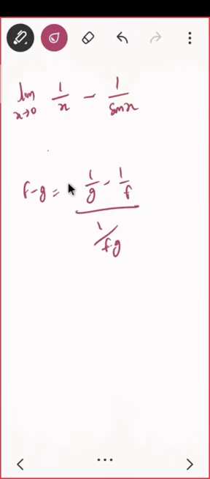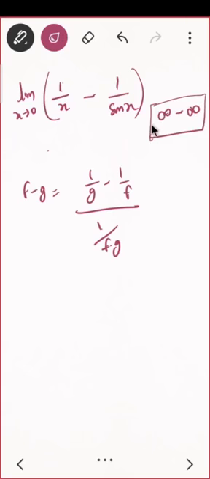Yeah. So this was my function. I can observe that this is of the form 1 upon x, that means this is of the form infinity minus infinity, correct? And what do I observe? This first term is f, and the second term is g. So can I write the whole expression in this form? I'll be writing it as limit as x tends to 0, and this will be 1 upon g minus 1 upon f.